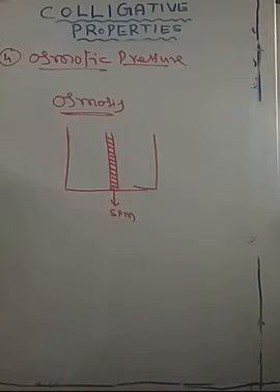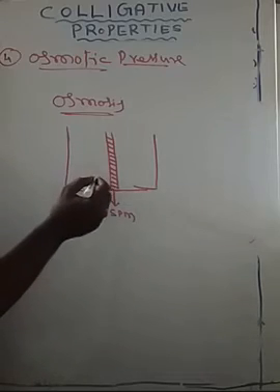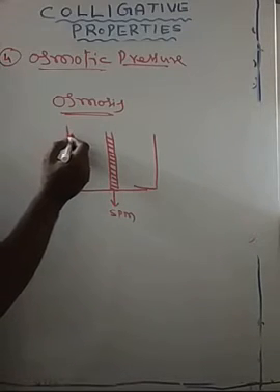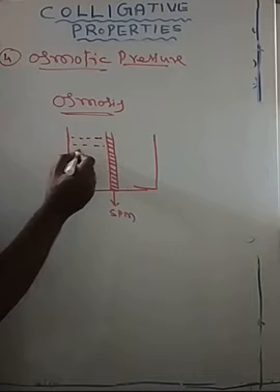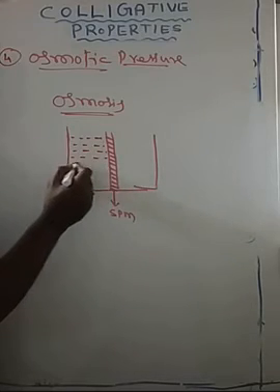Synthetic semi-permeable membranes use copper ferrocyanide; cellulose is an example of a synthetic semi-permeable membrane. Now you are using a semi-permeable membrane in between the two compartments.